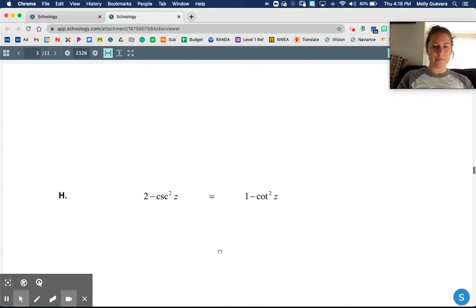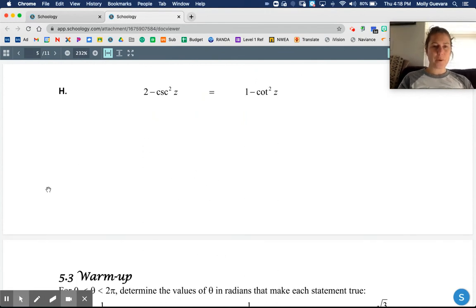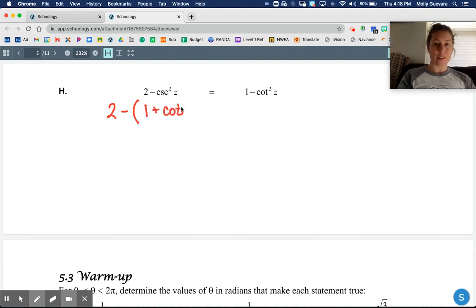Okay, last one. 2 minus cosecant squared of z equals 1 minus cotangent squared of z. So again, I don't like this cosecant, and I have an identity that says that cosecant squared is equal to 1 plus cotangent squared, which is awesome because I know I'm going to want a cotangent squared in my answer, right?